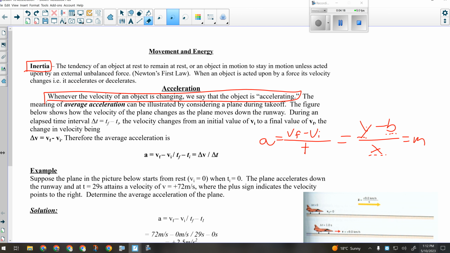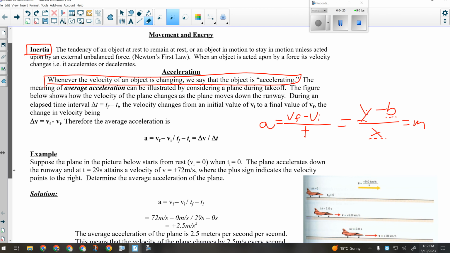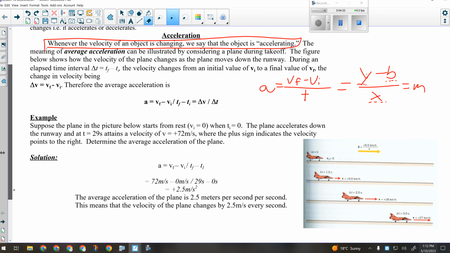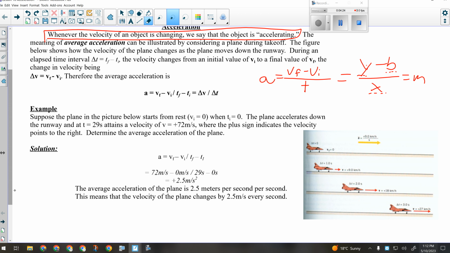So a very simple example of an acceleration problem would look like this, like a word problem. I have a plane that starts from rest. That's an important term to know. If something starts from rest, its initial velocity is 0 because it's not moving, it's at rest. What about if it comes to rest?